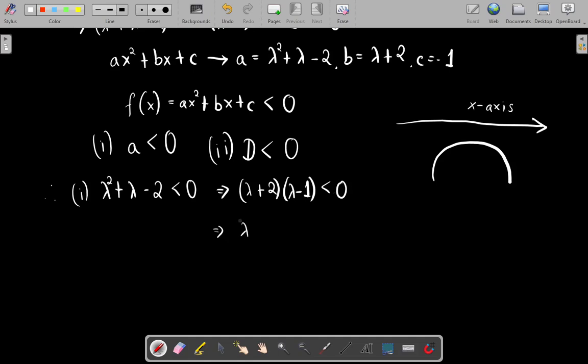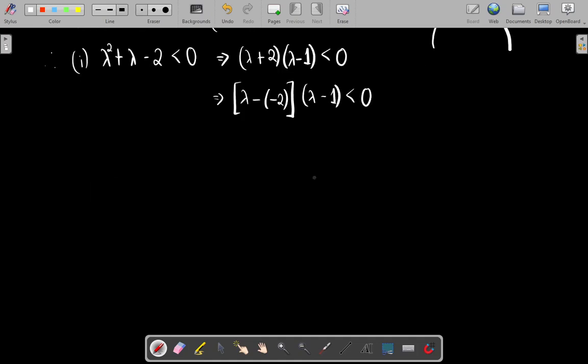This further changes to (lambda minus of minus 2) times (lambda minus 1) less than 0. If the product of two numbers is less than 0, the number is larger than the smaller number and smaller than the larger number.